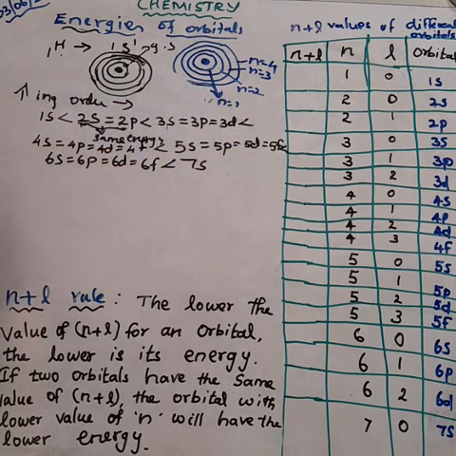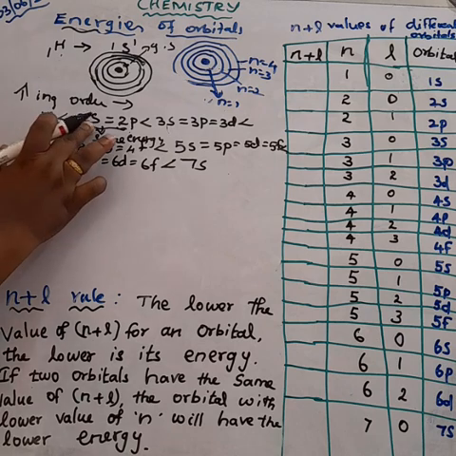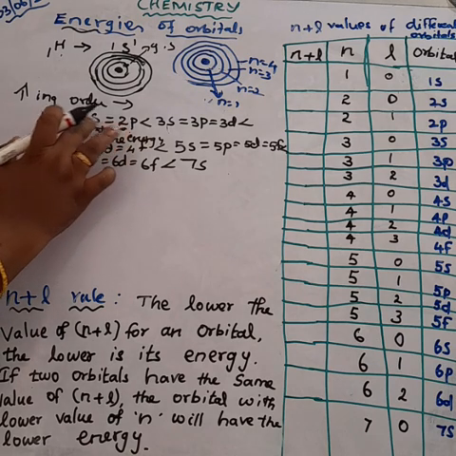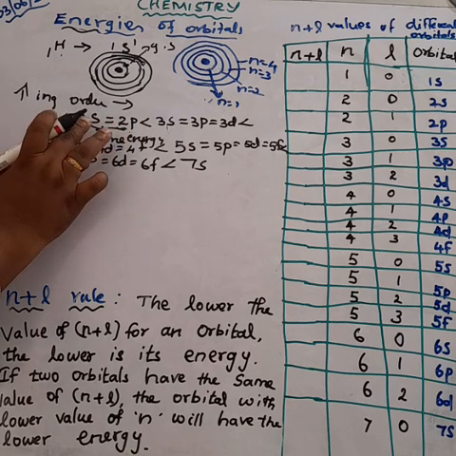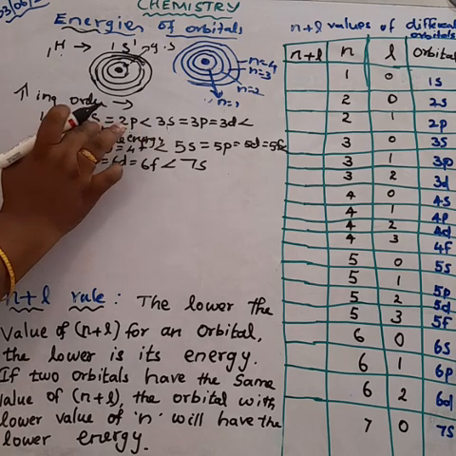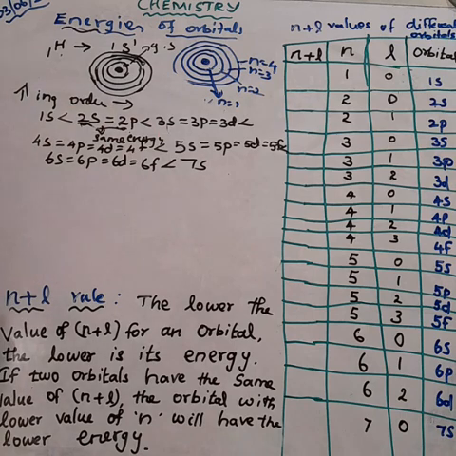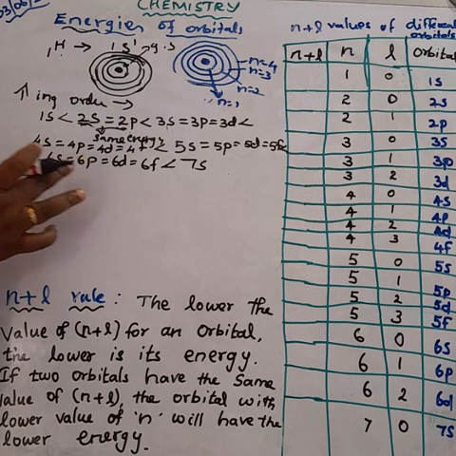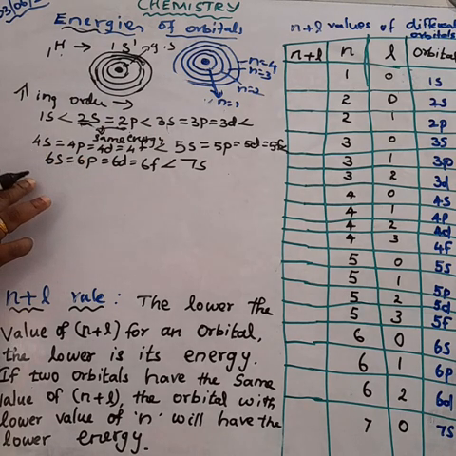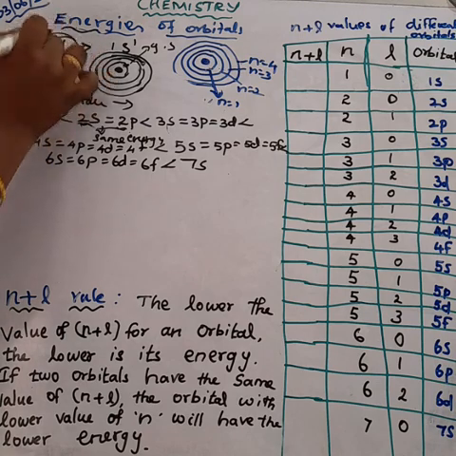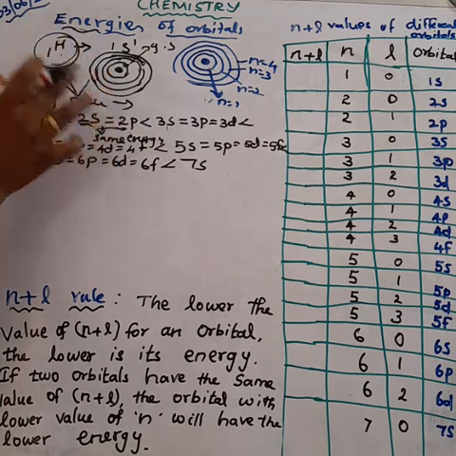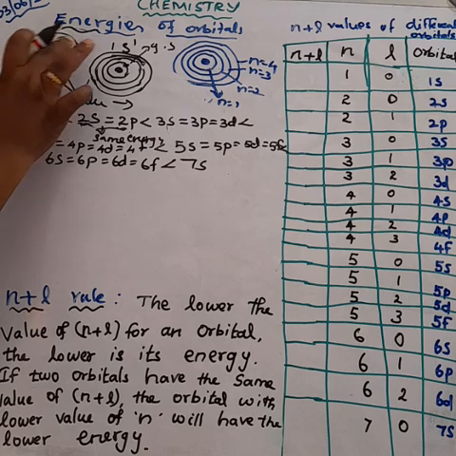For n is equal to 2, the second shell, there are 2 subshells and these 2 subshells have the same energy. These energy orders depend only on hydrogen-like atoms.